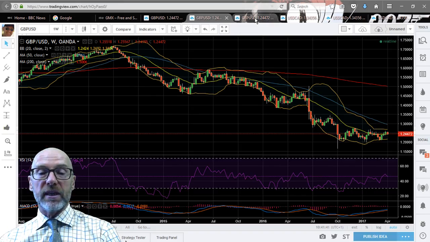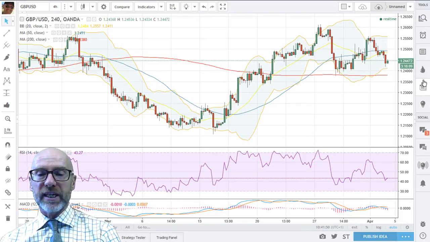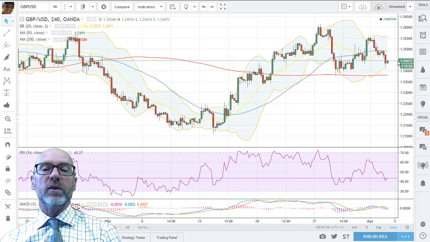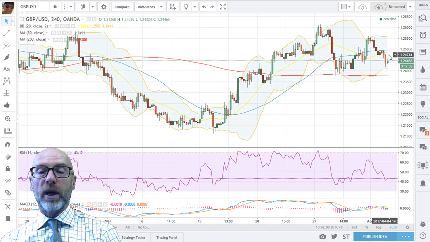On the shorter term picture, this is the 4-hour chart, so each bar represents 4 hours' trading, and here you can see things are starting to perhaps look slightly more negative. We've come back below the 24-hour and the 54-hour moving averages, and the RSI has dipped back below 50 and is in a downtrend.